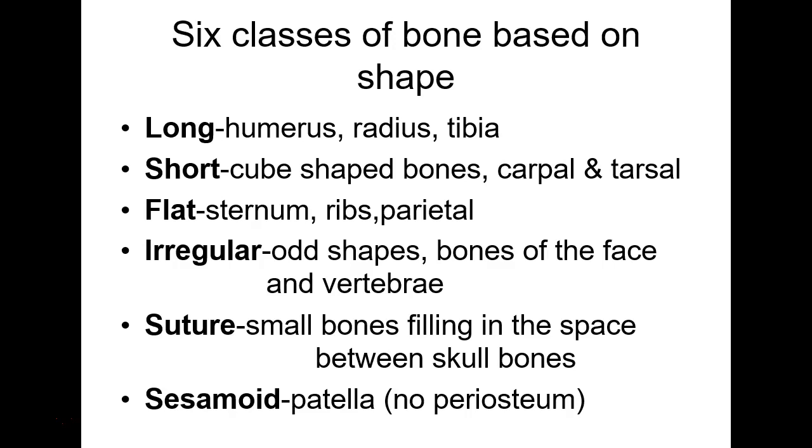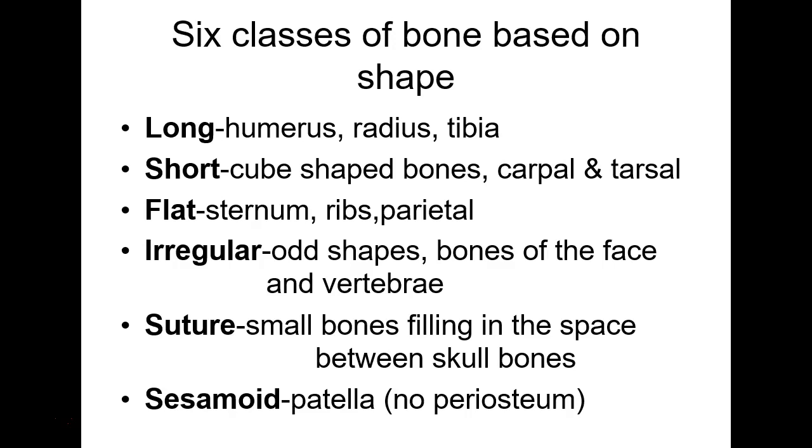There's one more category in your book now, called a pneumatized bone. It starts with a P, like pneumatic, like a pneumatic drill that runs on air. Pneumatized bone is really spongy and very delicate. Mainly one bone is pneumatized bone: the ethmoid. We'll point that out in another lecture.